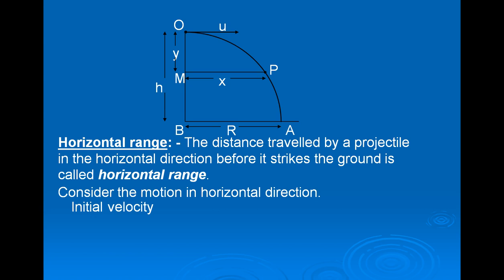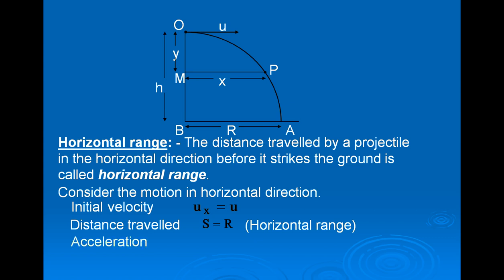Initial velocity ux is equal to u. Distance traveled s is equal to capital R. Acceleration ax is equal to 0, and the time taken to travel the horizontal range is capital T, the time of flight.